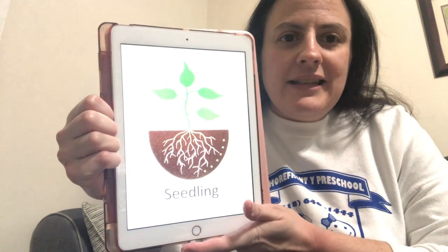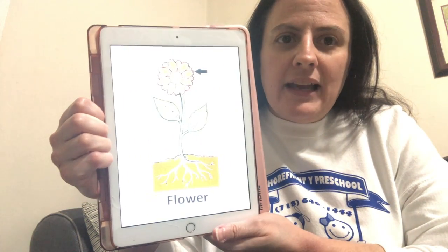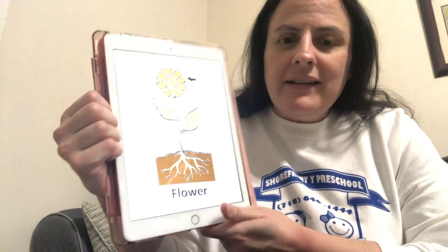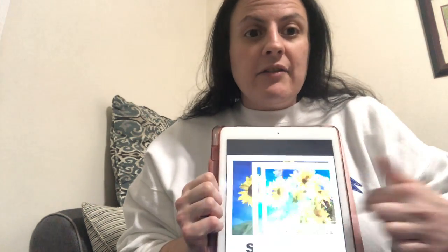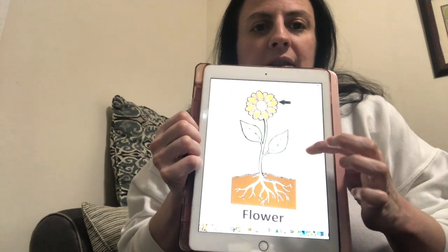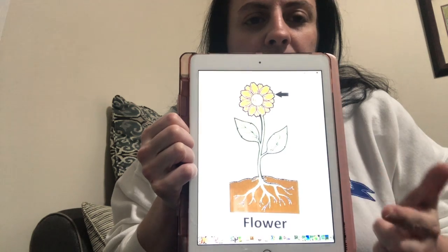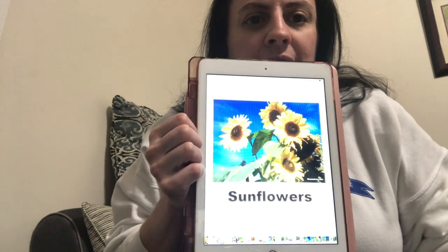And then there's a seedling. And then there's a flower. And then there are sunflowers. That's another type of flower that can grow. See? Your flower, you can grow this flower, can grow from your seed. Or a sunflower can grow, right?